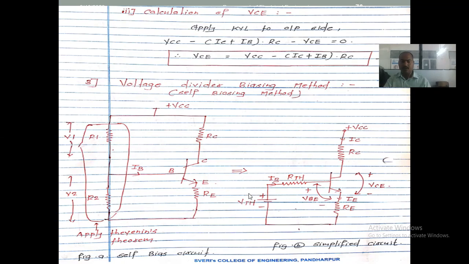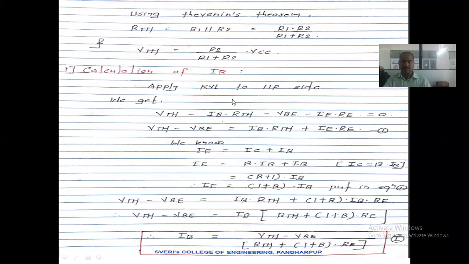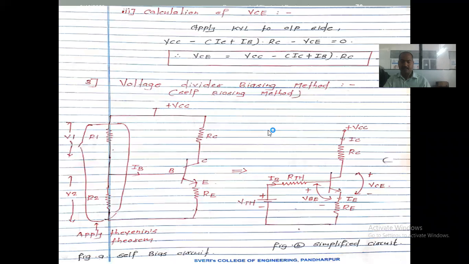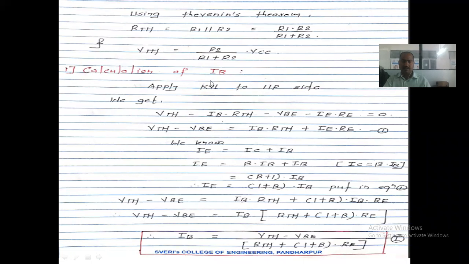So the total equation is VTH minus IB into RTH minus VBE minus I into RE equals zero. This is the equation with respect to us, right?